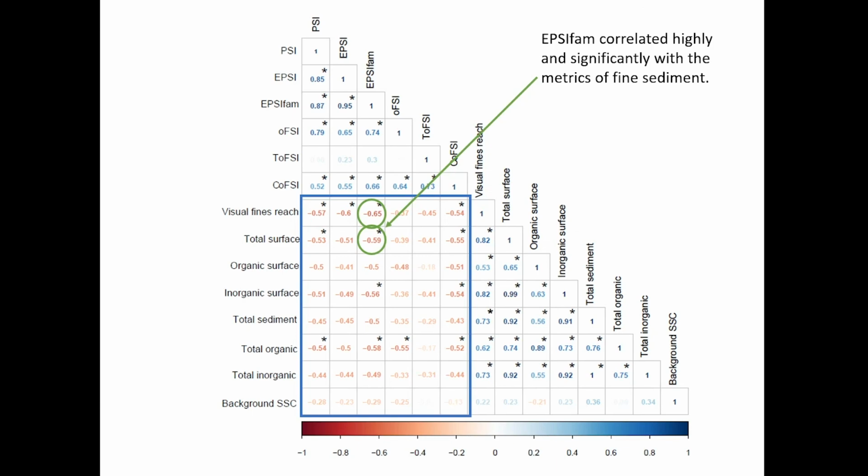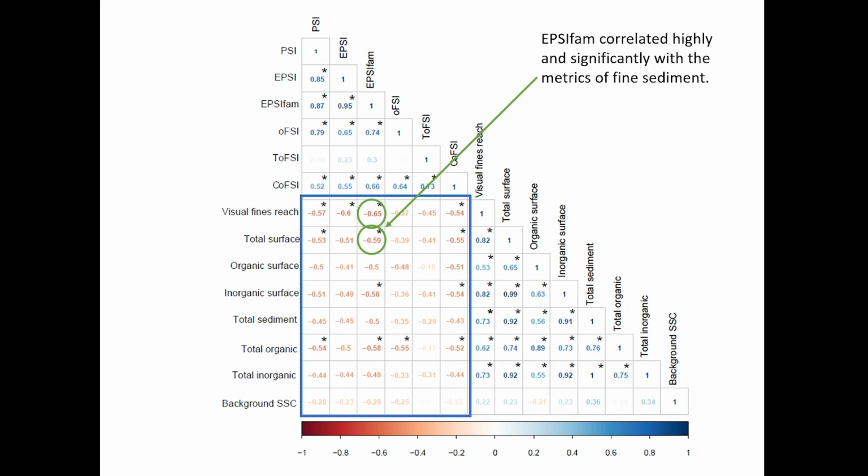When I tested the performance of the sediment-specific indices, again, this is another correlation plot, just slightly different. The colour of the number represents the sign of the correlation coefficient. And again, asterisks represent significant pairings.